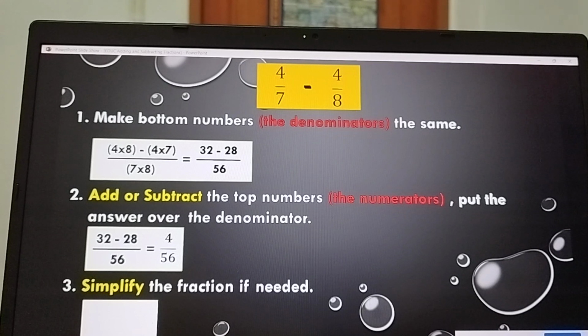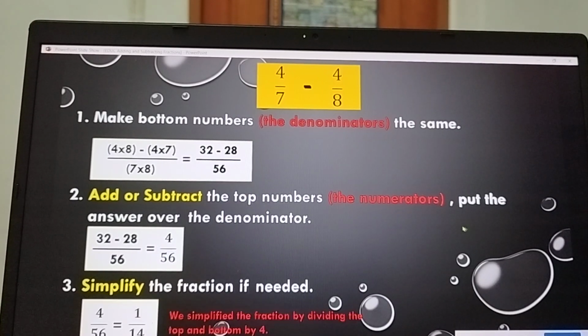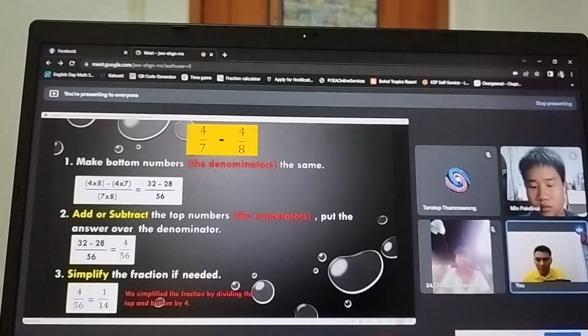Divided by? 4. Okay, the answer is 1 over 14. So, 4 divided by 4 is 1, then 56 divided by 4 is 14. So, the final answer is 1 over 14. Very good, Taratip.